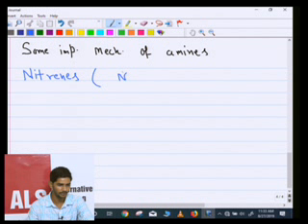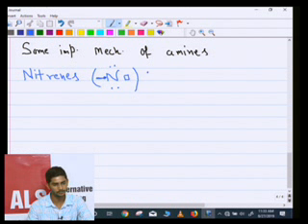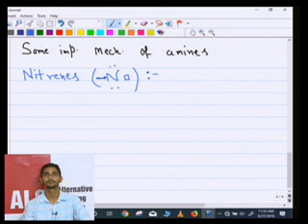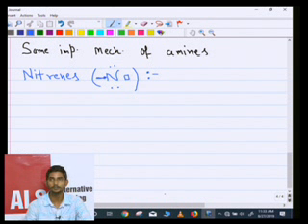It is represented like this, with lone pairs. This small box represents the vacant orbital, and this is the bond. So this is the simple representation of the nitrene. Now we will deal with all those mechanisms in which this nitrene is involved.